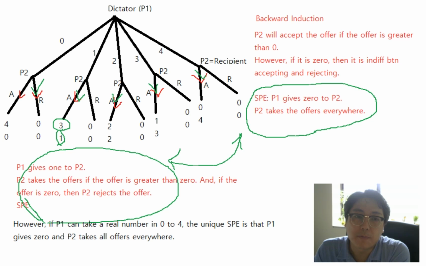Because in that case, player 1 may try to give 0. Then player 2 is rejecting 0. Once player 1 increases the offer just a little bit, then player 1 can get a positive payout because player 2 will take every positive offer.